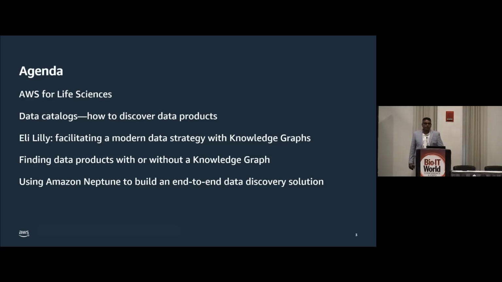We're going to talk about different types of data catalogs, which is how you can find data as an example. Then I'm going to pass it over to Eli Lilly, who's going to be talking about modern data strategy with knowledge graph. And then finally, we're going to be looking at some of the technology, how you can utilize services to build an ecosystem there.